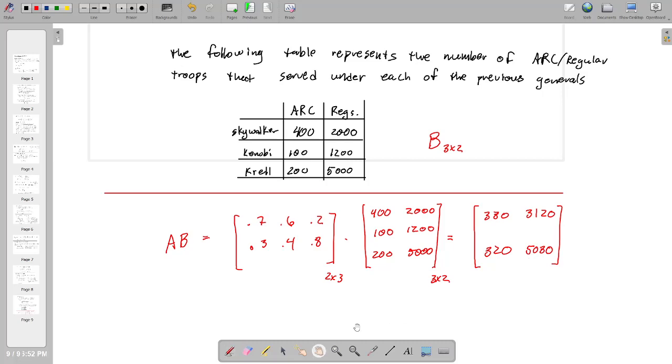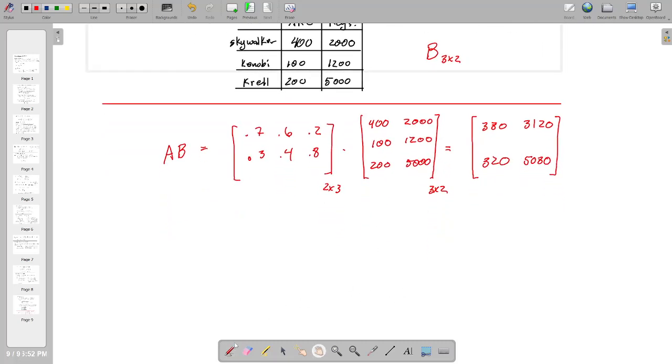Okay, now what does this mean? As I stated before, if we rewrite this as a table, we would have ARC Trooper and Regs. These would be our columns.